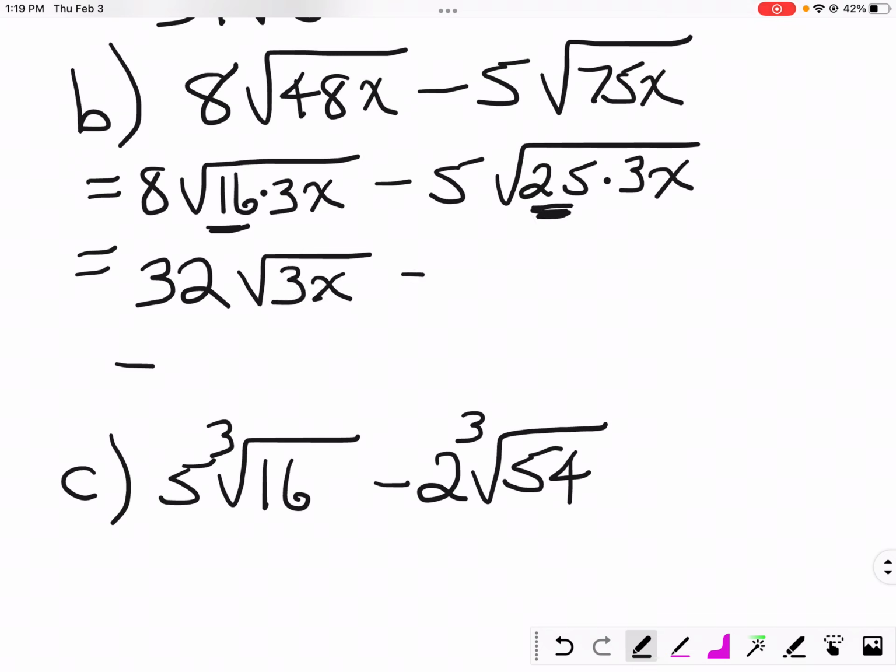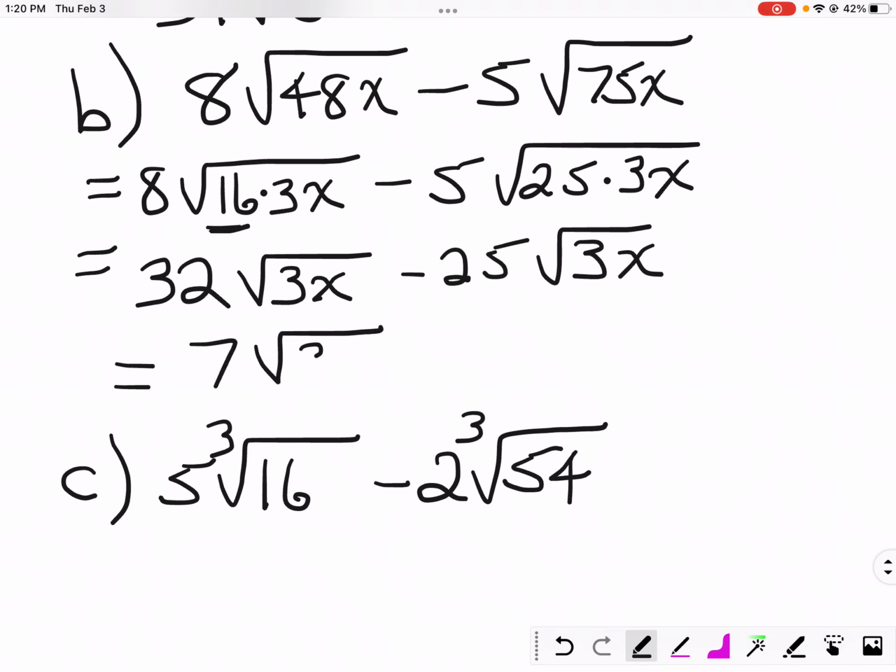This 25 that's inside will become a 5 outside, making that 25. And now I have 32 root 3x minus 25 root 3x. That's going to become 7 square root of 3x.